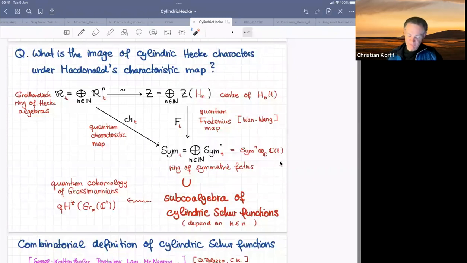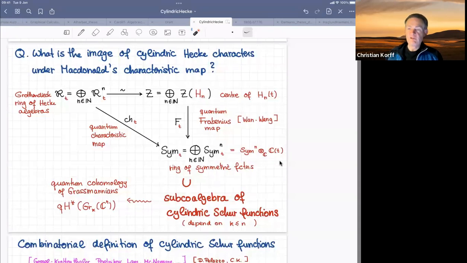Together with David, we used different combinatorial methods to show that the cylindric Schur functions form a positive subcoalgebra in the ring of symmetric functions, which indeed had also the Gromov-Witten invariants as structure constants.